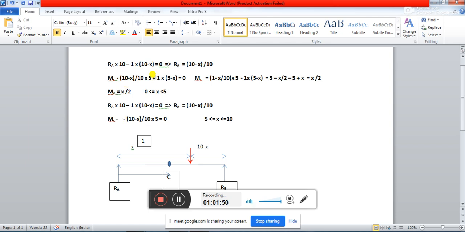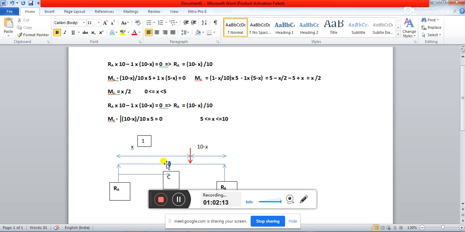There will not be any term of this one in this equation. Why? Because this one load has already left this position C, and it is moving out of it. This is the bending moment concept, this is nothing new.